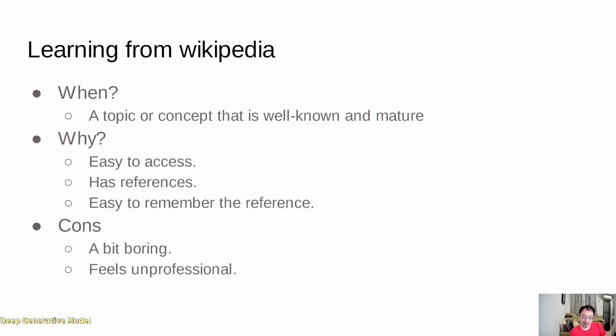However, if you find out that you don't really understand what is written on the Wikipedia page, then that might indicate that your background knowledge is not enough. In this case, Wikipedia is not a good source for learning things. You need to go to the basics.